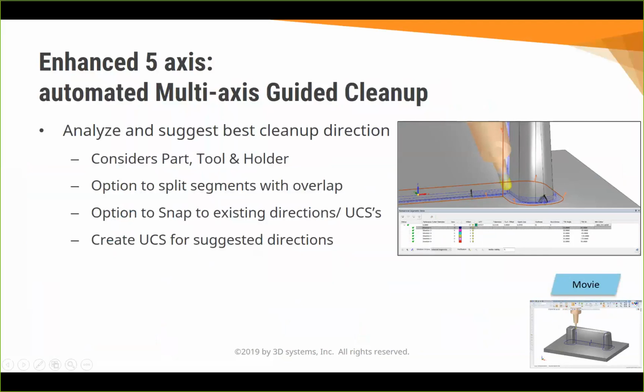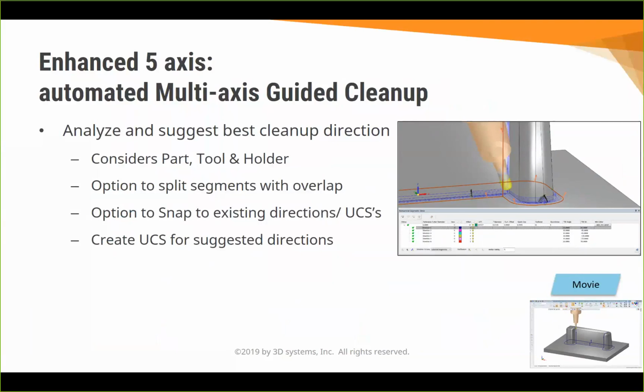Moving on, another enhancement in 5-axis is the automated multi-axis guided cleanup. The guided cleanup creates the contours on which the cleanup will later be calculated, but sometimes the holder may collide with the geometry.